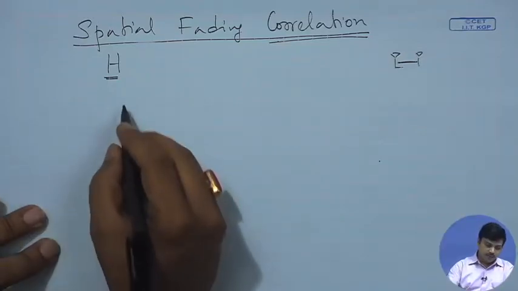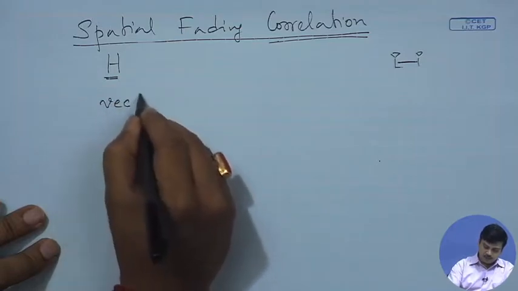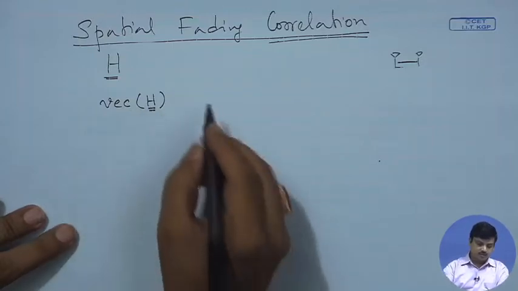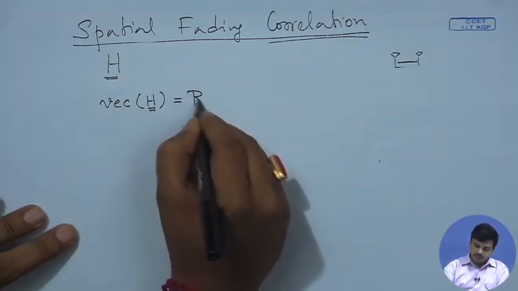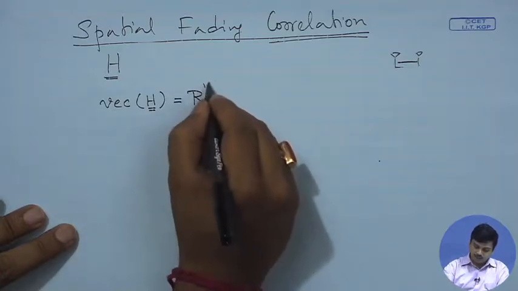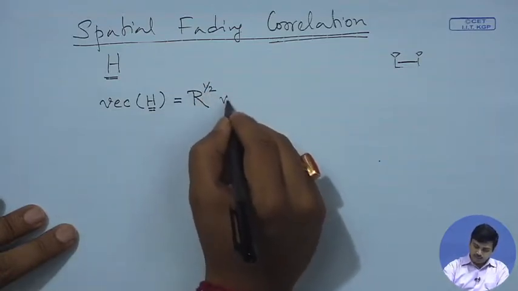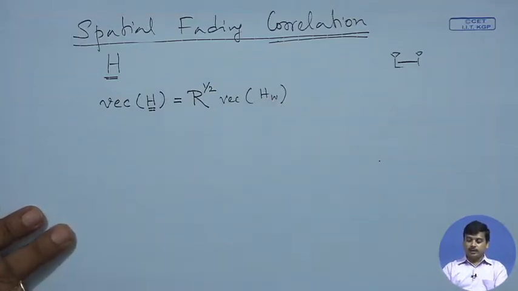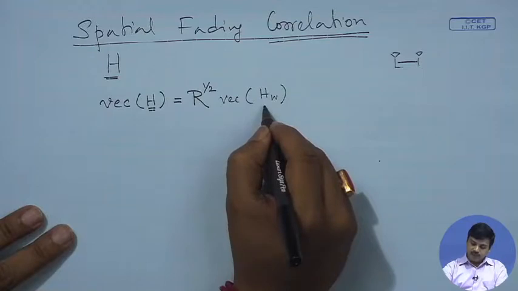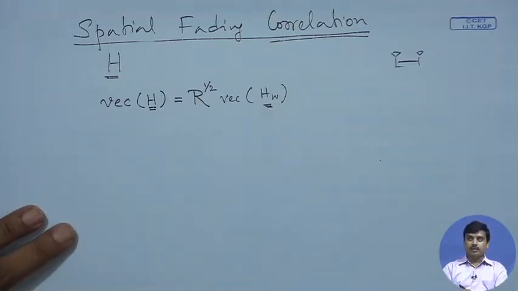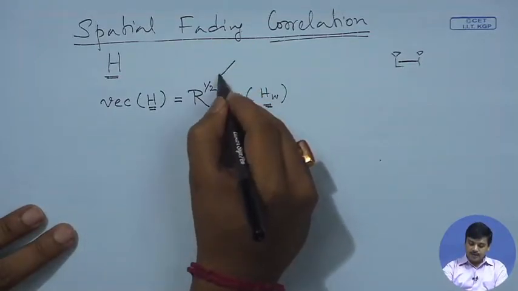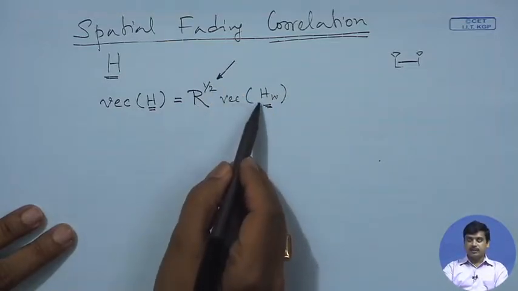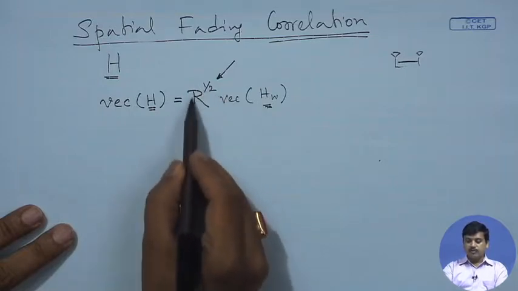So, this is modeled as vec of H equals the square root of R times vec of H_w, where vec of H is the vectorization of H, H is a matrix, we will describe how to vectorize it, and R is the covariance matrix. In other words, if I can generate H_w, that means a spatially white channel, and I have this correlation model, then this would bring in correlation amongst the elements.